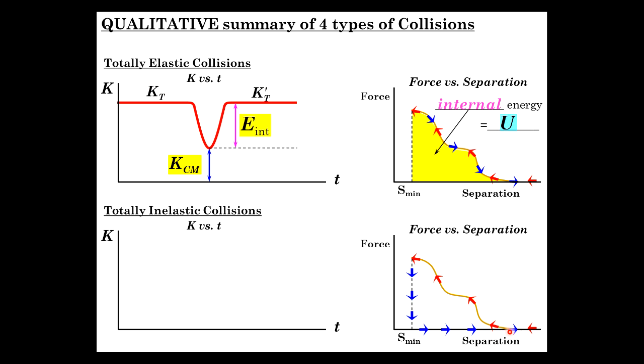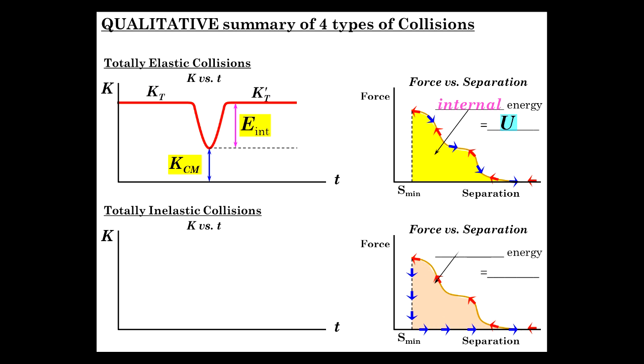Now, what's the area under the graph formed by no force times this amount of meters of separation change? Well, that's zero, isn't it? That means no work is done. No work is done on the outbound path on the carts.